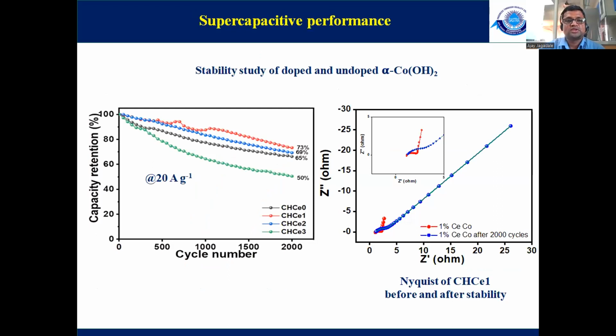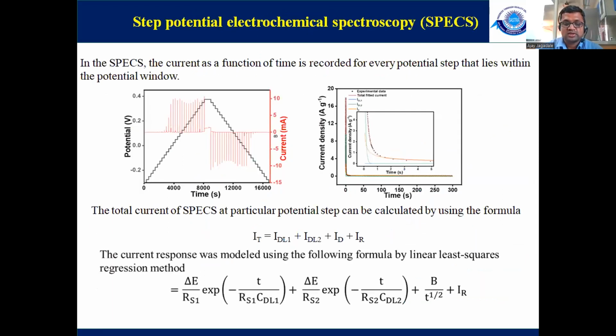And furthermore, we studied the cyclic stability at 20 ampere per gram, and we got maximum stability up to 73% for 1% cerium doped cobalt hydroxide. So this is a good achievement, we think.